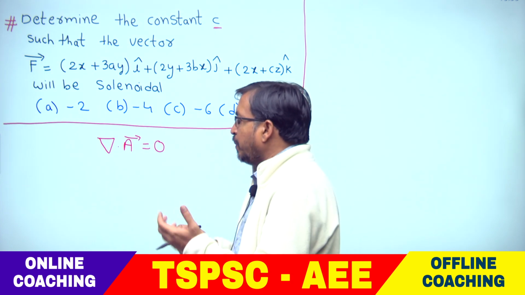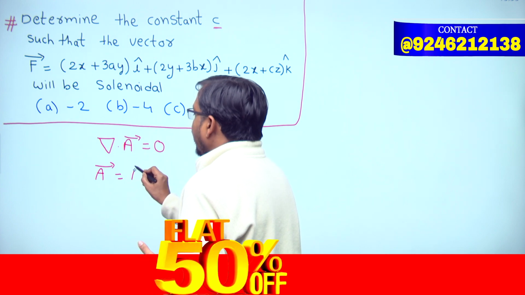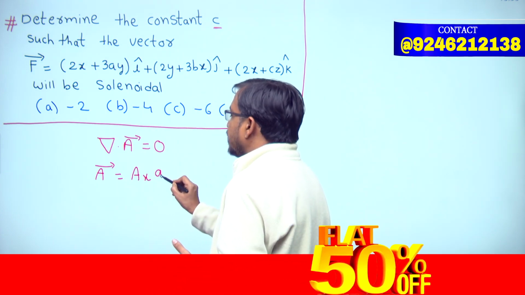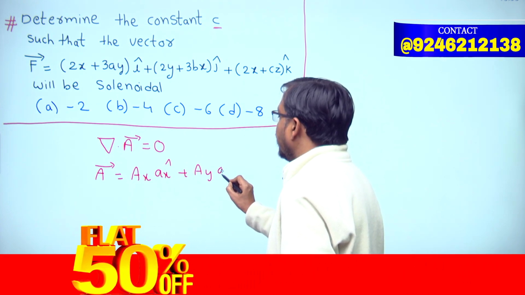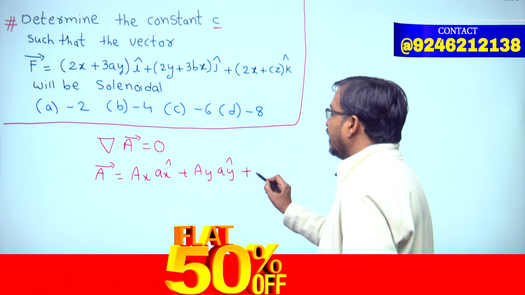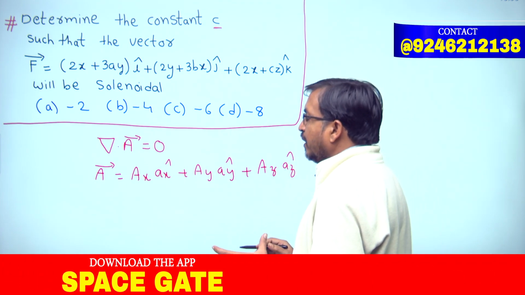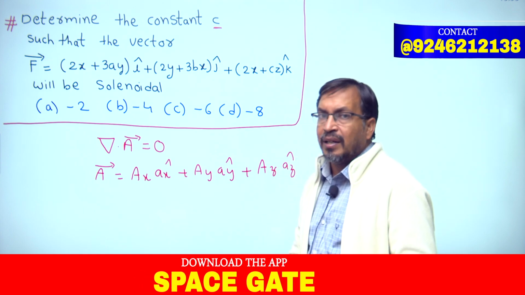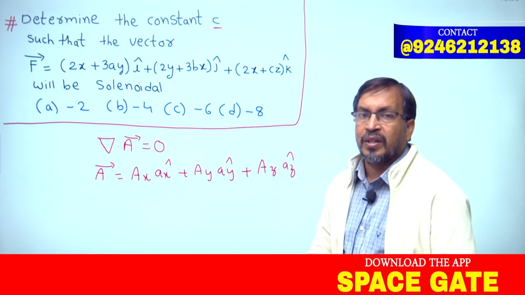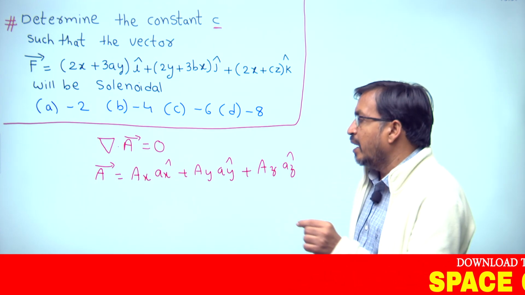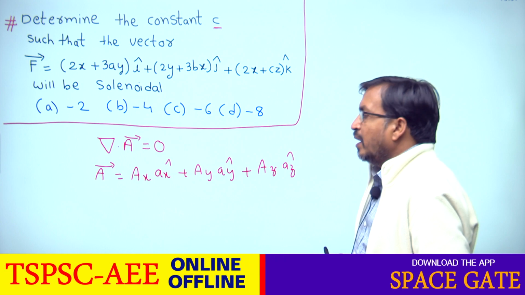Here I am assuming the given vector A equals Ax cap plus Ay cap plus Az cap, in the rectangular coordinate system where the coordinates are x, y, z. Then what is del?